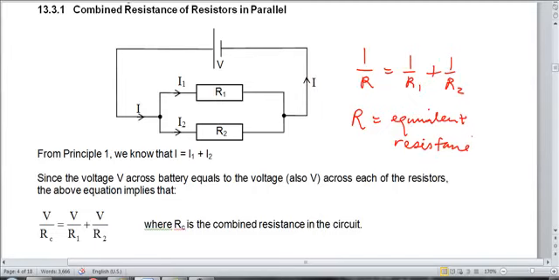Now, from the first principle, we know that the current at this junction is the sum of I1 and I2.